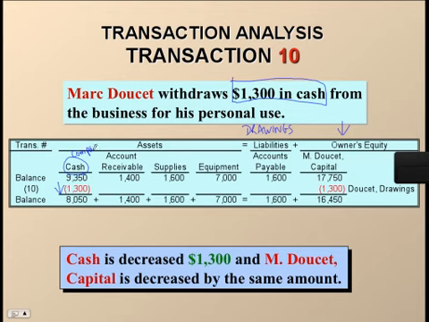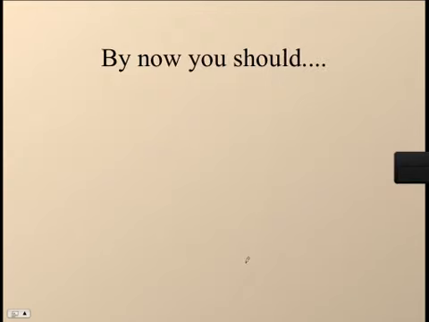Got to remember that we're doing the accounting for the company, not the owner. So the company's cash went down, and the owner's drawings has decreased owner's equity. Assets equals liabilities plus owner's equity. The left side has gone down $1,300, and the right has gone down $1,300, so we still balance.